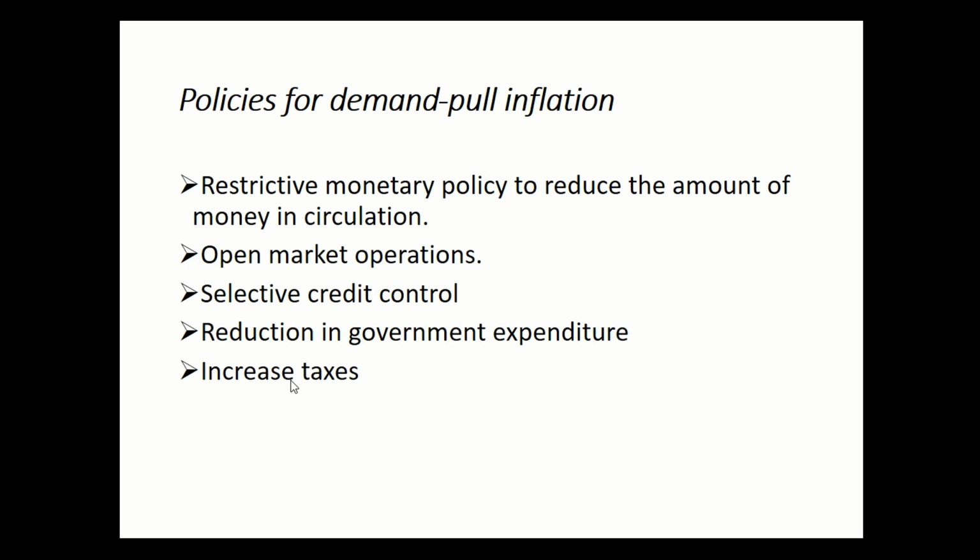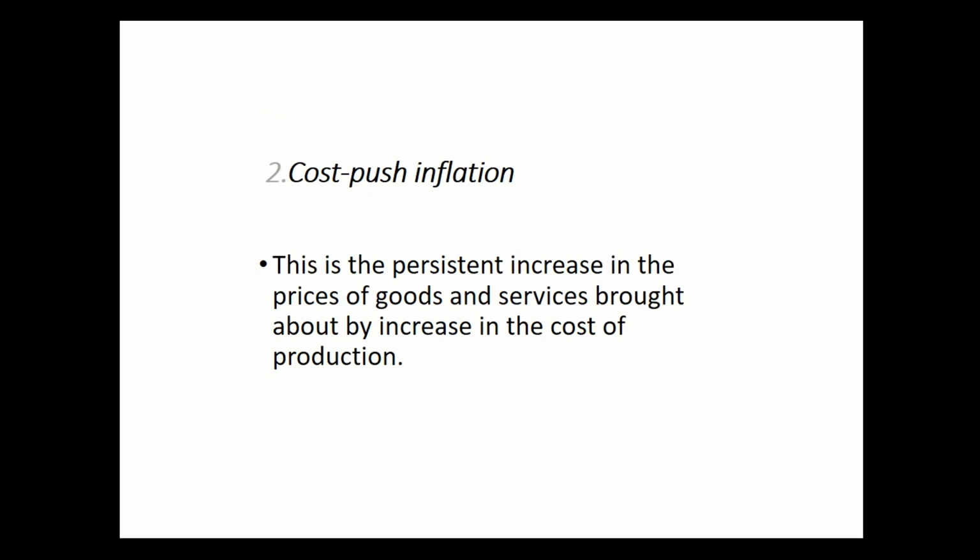And the last one is an increase in tax. When the government increases tax, it reduces the money in the hands of the public. When the money in the hands of the public is reduced, people remain with low purchasing power, which controls inflation in general.